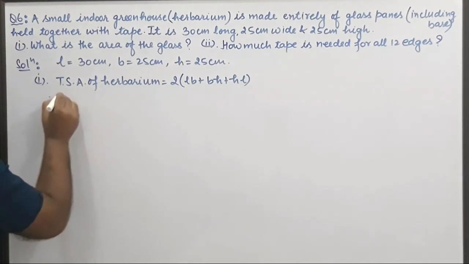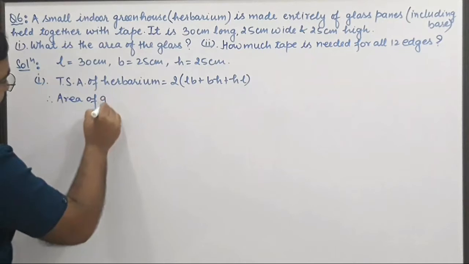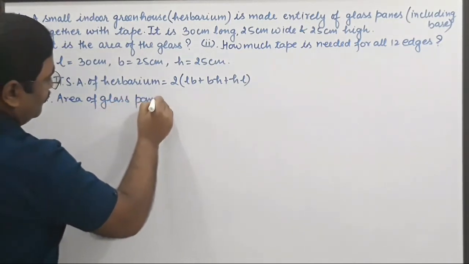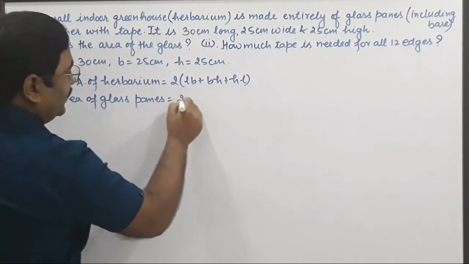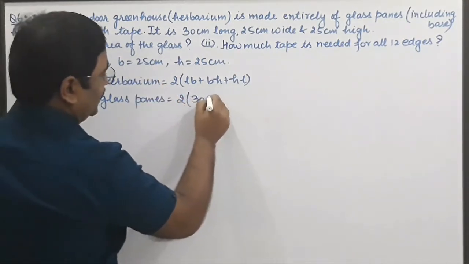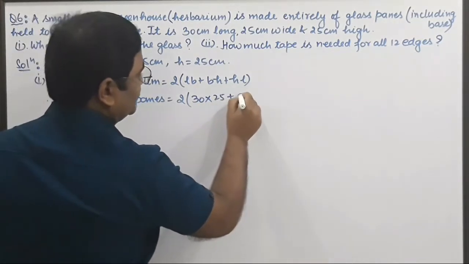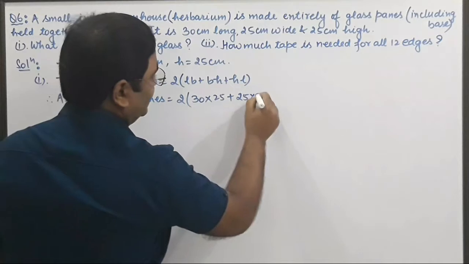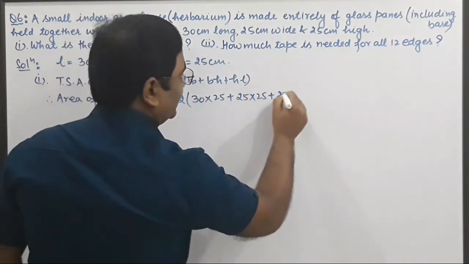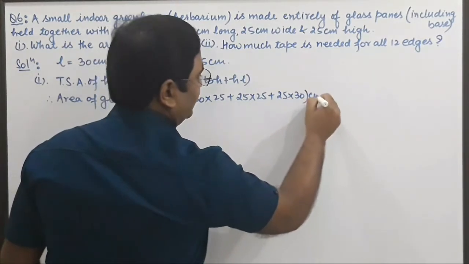Therefore area of glass panes is 2 into (length 30 multiplied by breadth 25, plus breadth 25 multiplied by height 25, plus height 25 multiplied by length 30) centimeters square.